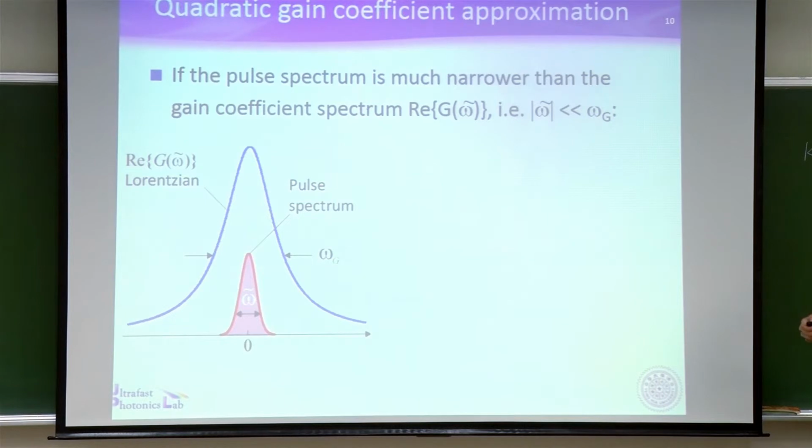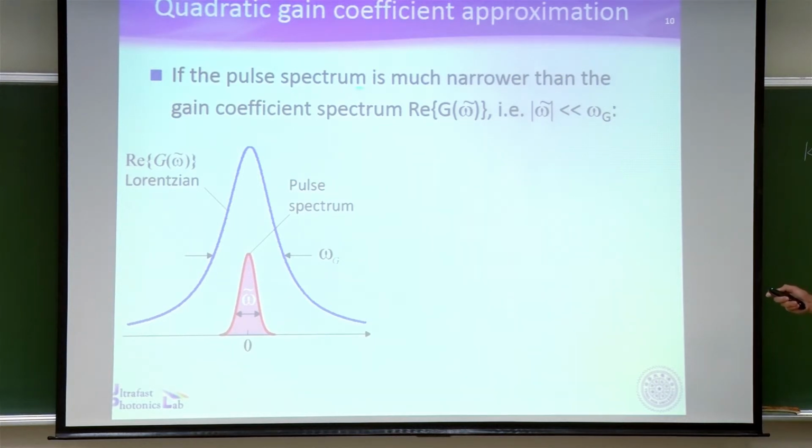Here, we need to further simplify the model with the assumption about your pulse spectrum. Remember, we are only interested in steady state. So the pulse spectrum here means the steady state pulse spectrum. So I use a figure like this. Say in steady state, this is your spectrum.